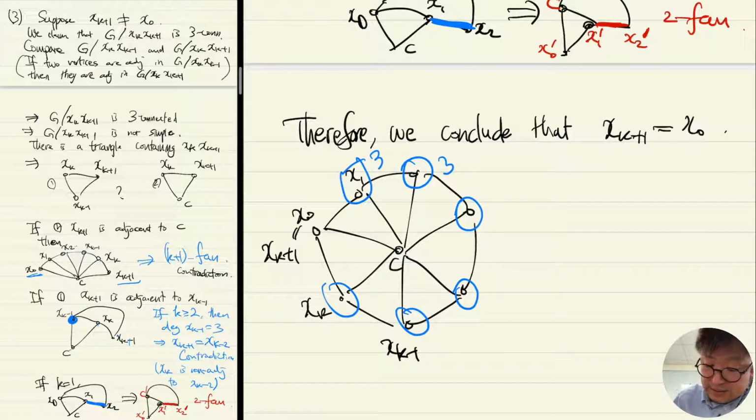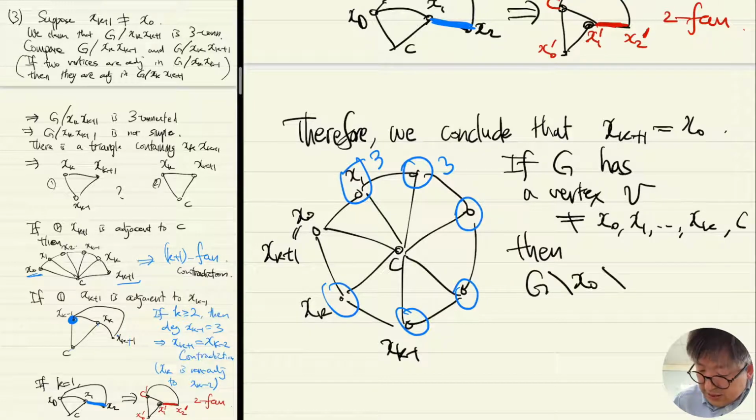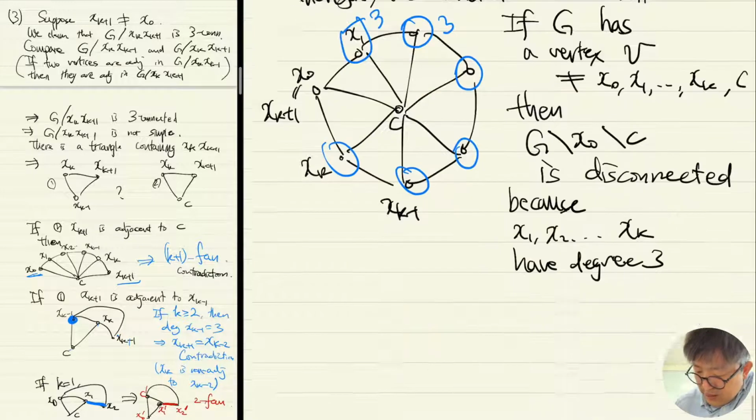Okay, so if G has a vertex V other than x0, x1 up to xk and c, then G delete x0 delete c is disconnected. Because x1, x2, xk have degree 3, right?